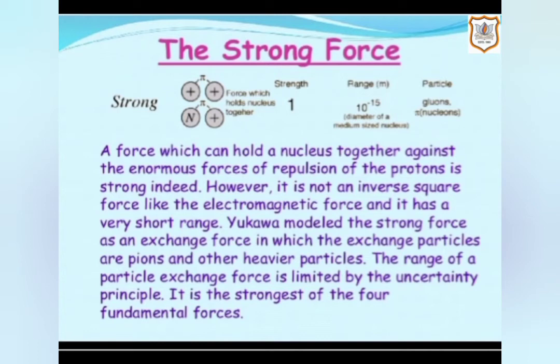Now these protons are held inside the nucleus. Why? Because the strong nuclear force binds the nucleus and it is more than the repulsive force inside an atom. Since it acts only inside the nucleus, this is also called the short range force. Now this is the strongest force of all the fundamental forces. Why?